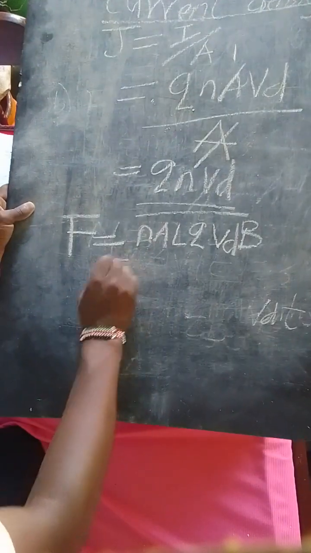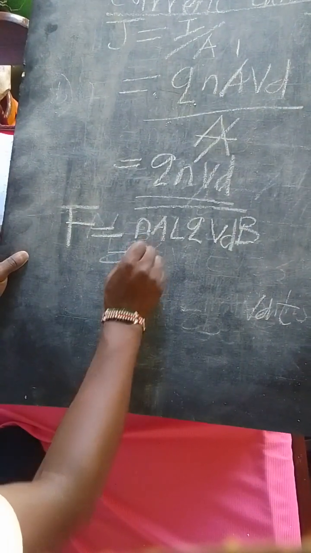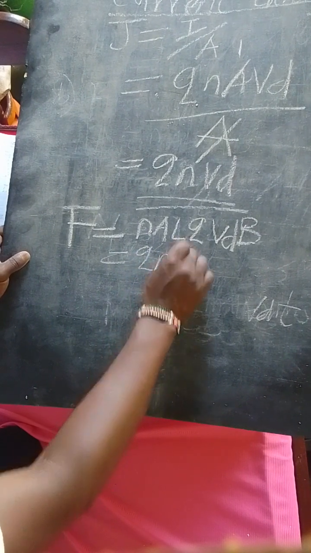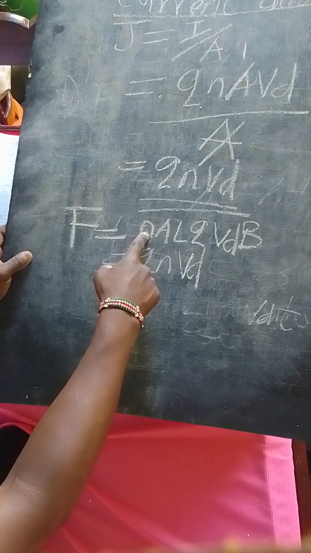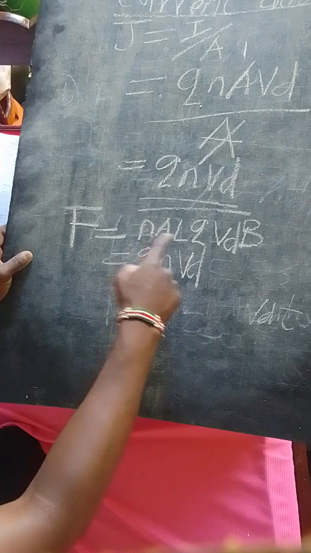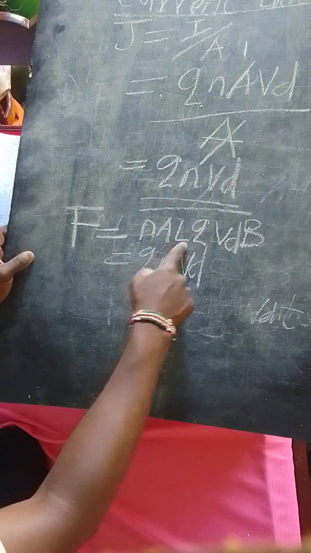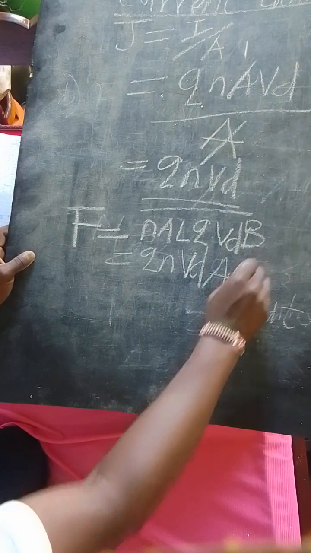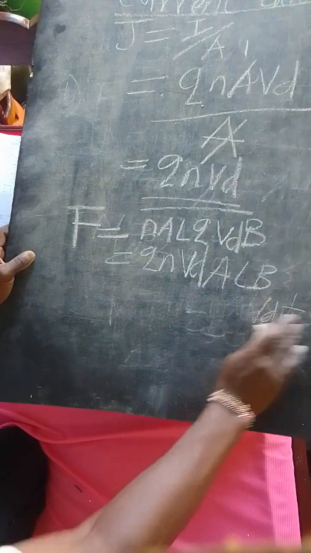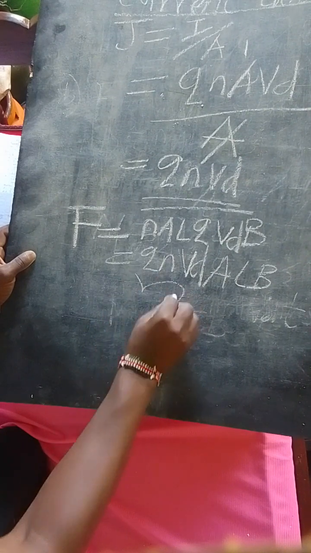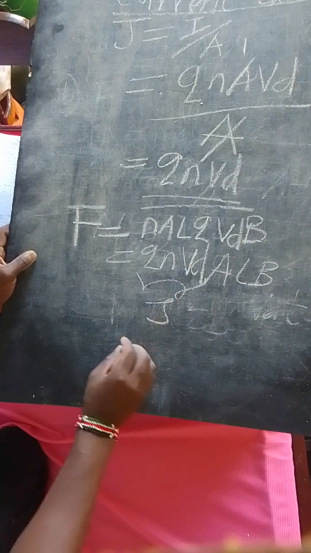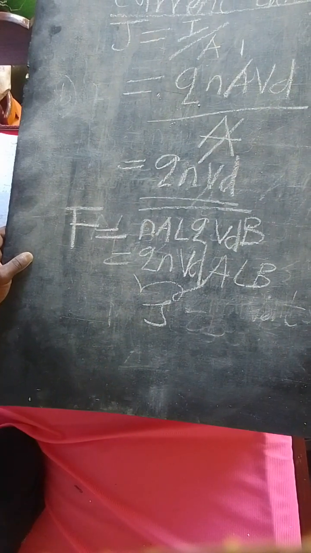So I want to write in that order Q N Vd, and we have remained with A L B. The Q N Vd part is current density J.